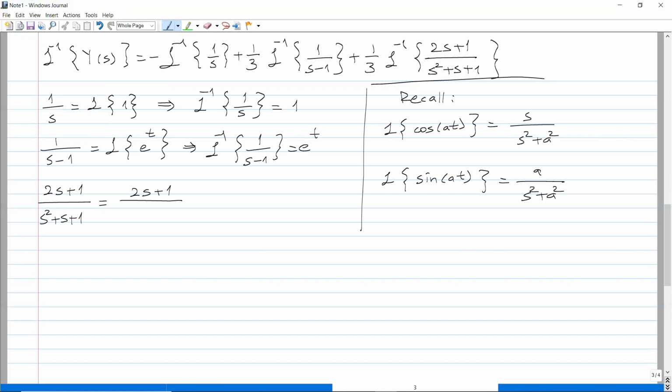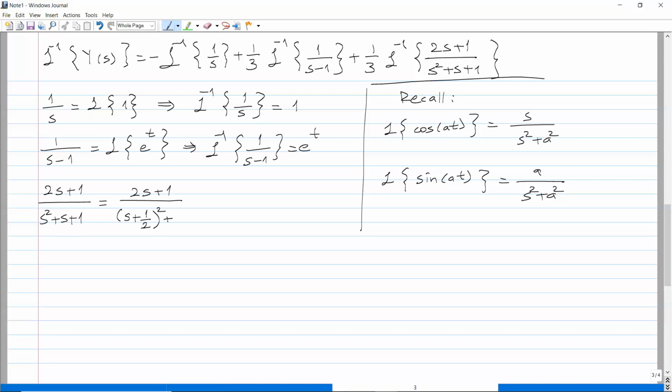So we try to write s squared plus s as square of s plus, since coefficient of s is 1, I need to take square of s plus 1/2. If I take the square of s plus 1/2, I have s squared plus s plus 1/4. But on the left side, I have plus 1.